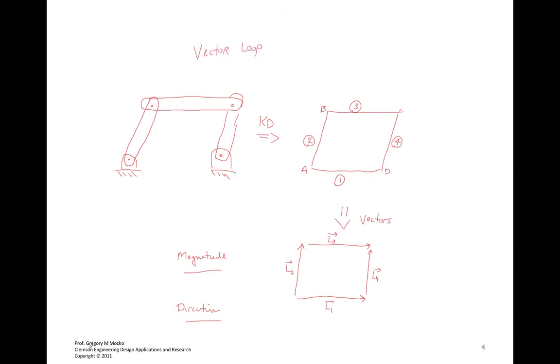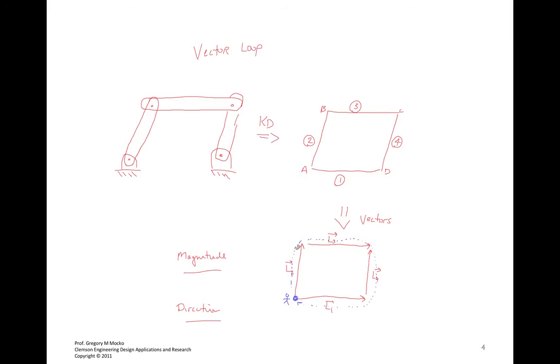And simply put, a vector loop is the following. If I were to start a journey right here, so here I am, my little stick figure. If I were to start a journey right here and walk this way, okay, I would end up back at the same spot.